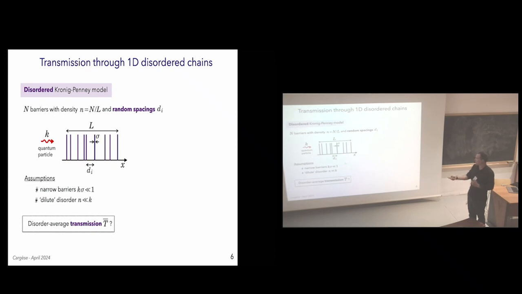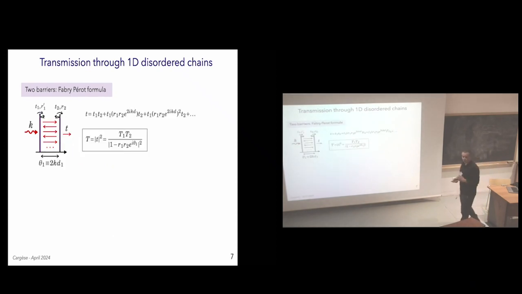First, I will focus on the limit of very narrow barriers, of a width much smaller than the wavelength, and this is essentially for simplicity. Second, I will assume that the disorder is dilute, meaning that the average separation between the barriers is much larger than the wavelength. In fact, this is a condition of weak disorder, which is not necessary here, but the calculations and the universality of the results are much more pronounced in this limit.